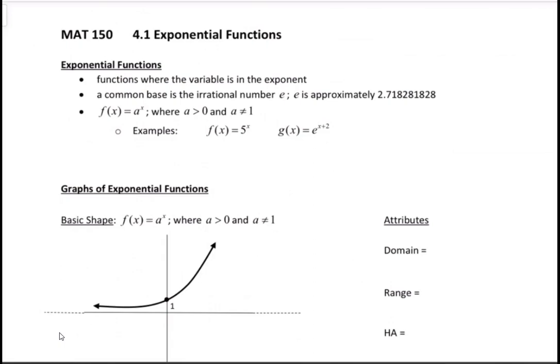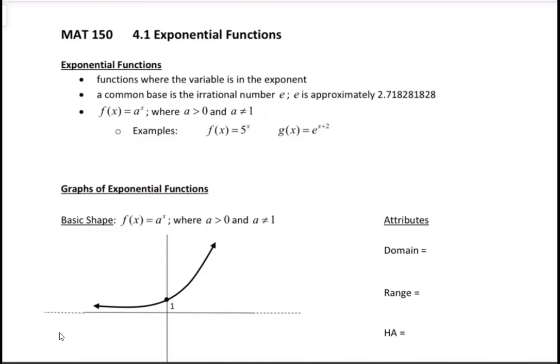Now, with all of those other functions, we always recognized the function based on where the x was or what the exponent on the x was. So to recognize exponential functions, it's fairly straightforward because the variable will appear in the exponent position.